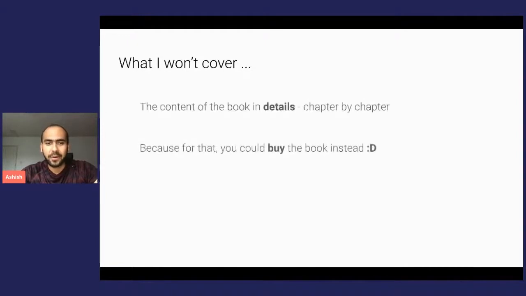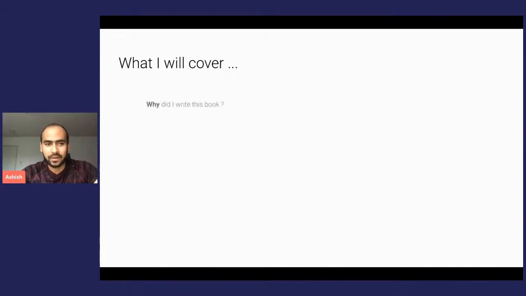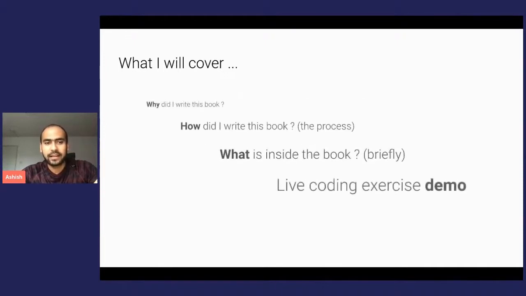I'm not going to cover the details of the book, obviously, because I only have 20 minutes and that's something for the readers to read in the book. But what I intend to cover in this presentation is a few things. First is the motivation, which is why I wrote this book, like why another deep learning or another PyTorch book, and then the process.